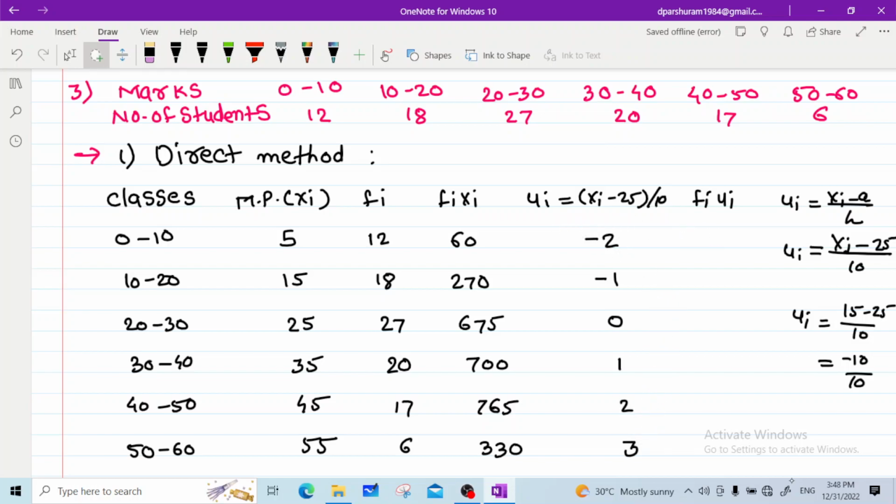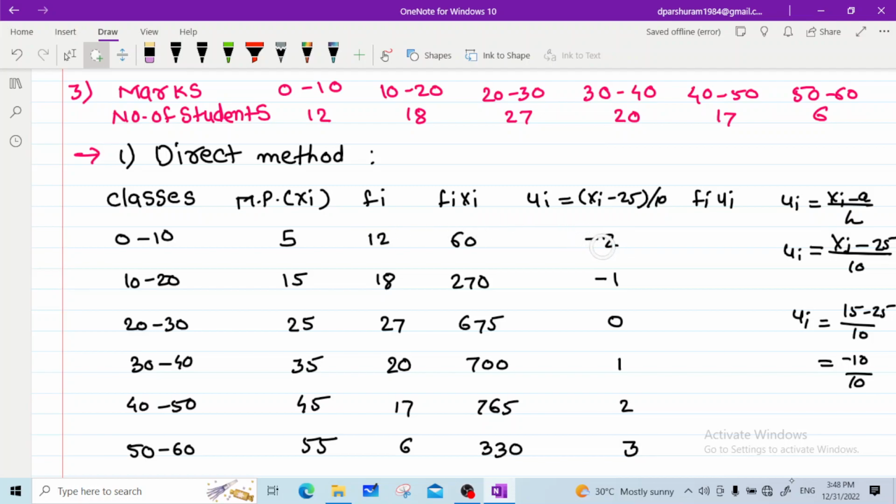Then the product of fi and ui. We have to calculate the product of fi into ui. The value of fi is equal to 12 and their respective value of ui is minus 2.